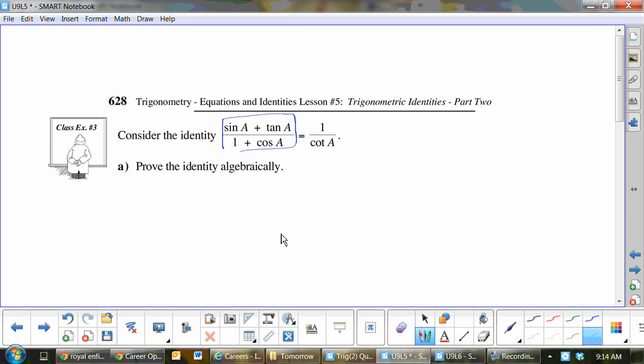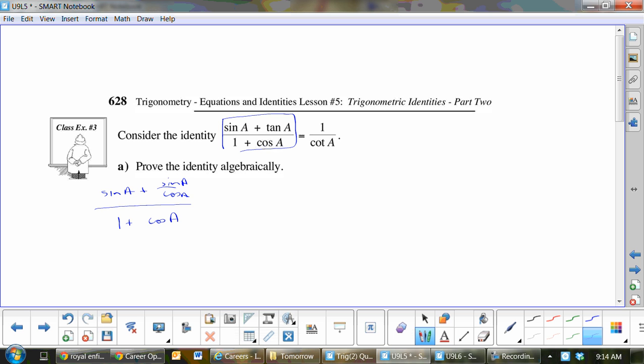Okay, so sine A. Now, I would do this first. Sine A plus sine over cos, or sine A over cos A, all over 1 plus cos A.